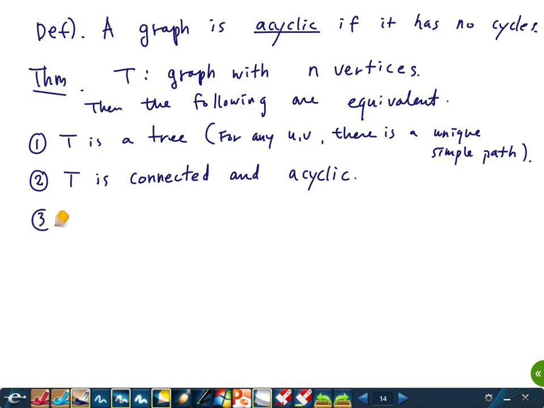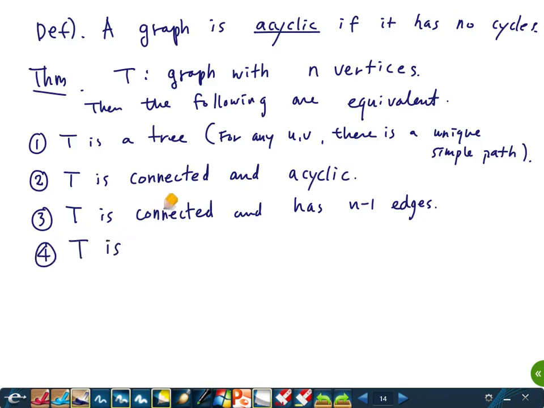And third, T is connected and it has n-1 edges. Fourth, T is acyclic and it has n-1 edges. So these four are all equivalent to each other.